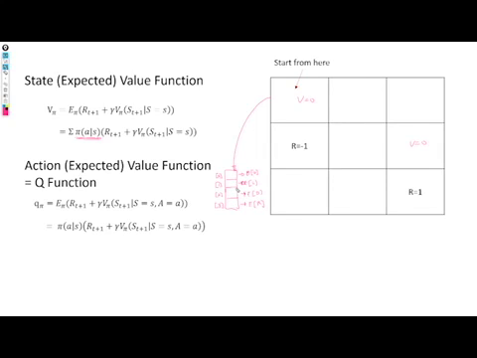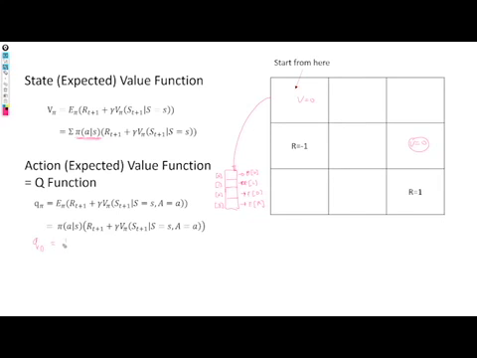So let's look at this state. We are still doing the same iteration. Say Q of pi, where pi is the policy, and let's only look at moving down.